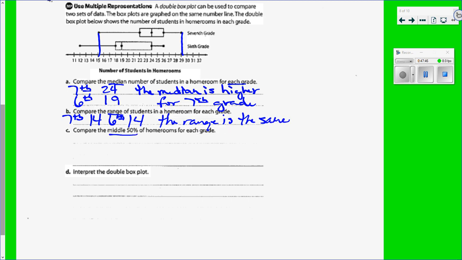Now, compare the middle 50% of homerooms. So how do I find the middle 50%? The box portion, right? So the middle 50 is that box portion. So for 7th grade, it goes from 22 to 26. For 6th grade, what is it?